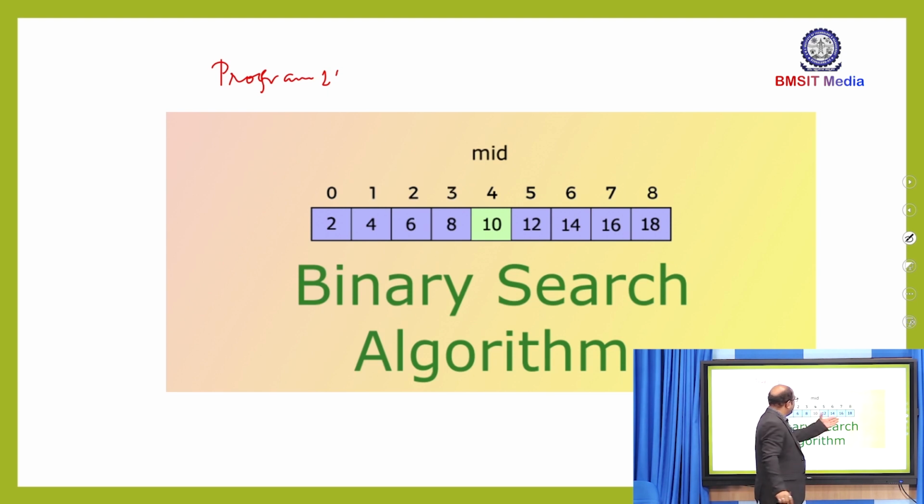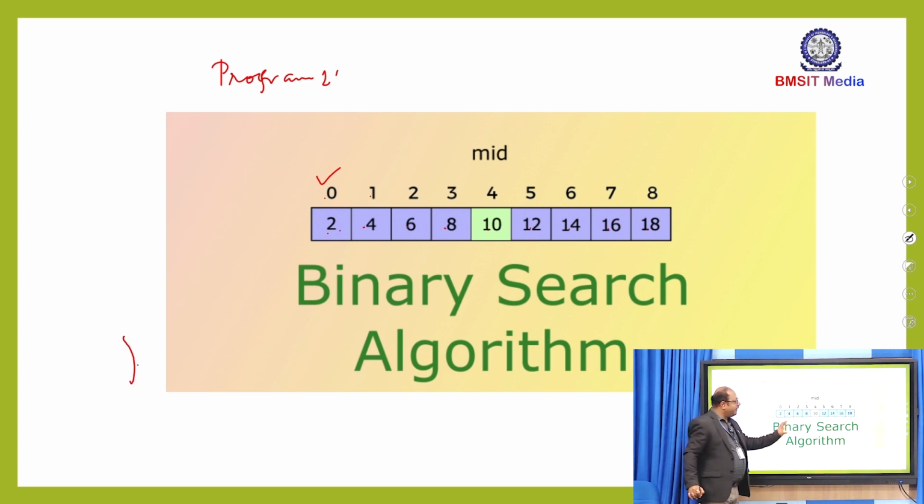We have a set of elements, an array of 9 elements, with indices 0, 1, 2, 3, 4, 5, 6, 7, 8. Array index always starts from 0. Now these are all the elements: 2, 4, 6, 8, 10, 12, 14, 16 and 18.